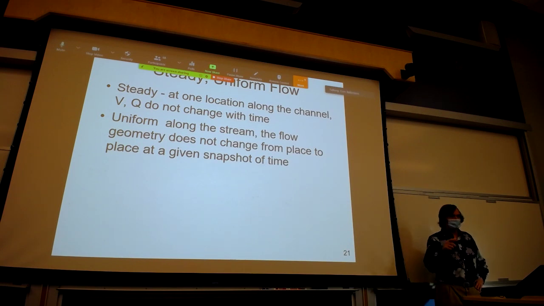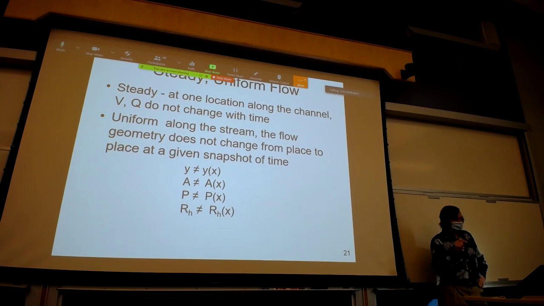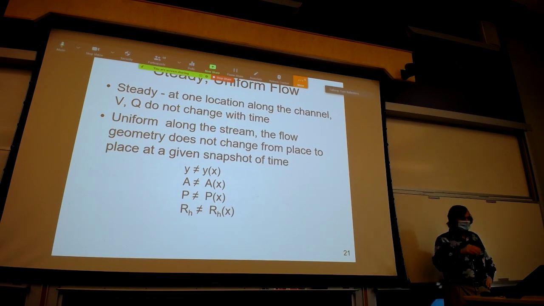The depth of flow, the area, the wetted perimeter, the hydraulic radius, they're all the same. So steady uniform flow means that none of these geometric variables are changing as you move along the stream. That is, when we say y is not equal to y of x, x is when you're moving along the stream, and this basically says that the depth of flow is constant, area constant, P constant.